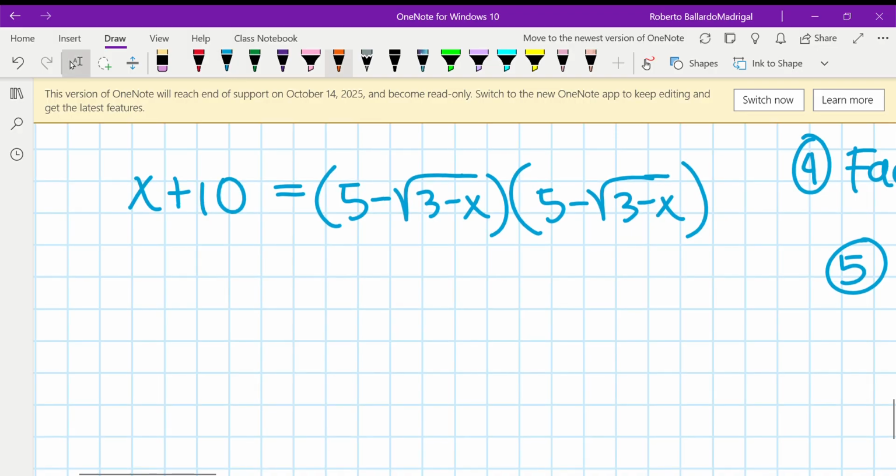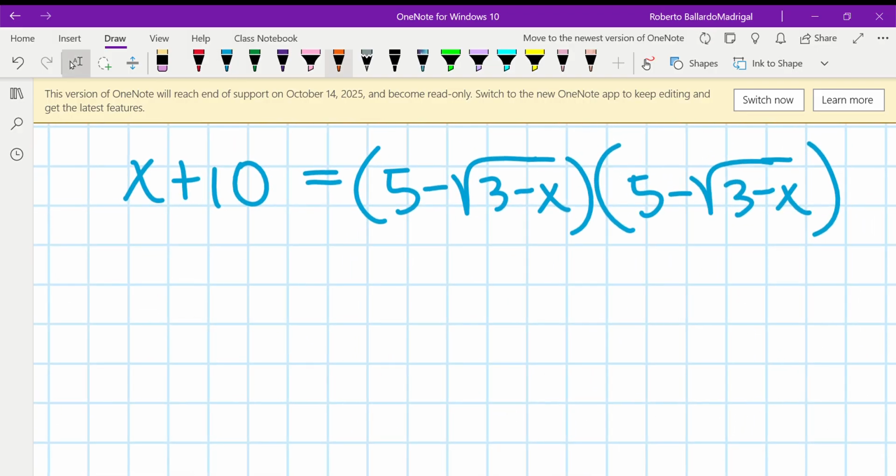But we've done this before. We have two terms multiplying with two terms. That's going to call for what? How do we multiply this together? An area model. So this calls for an area model.